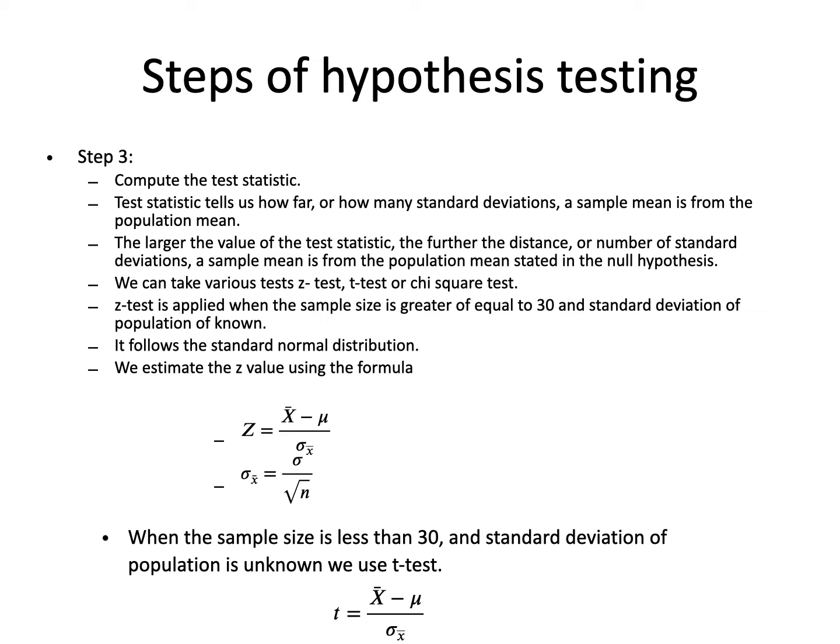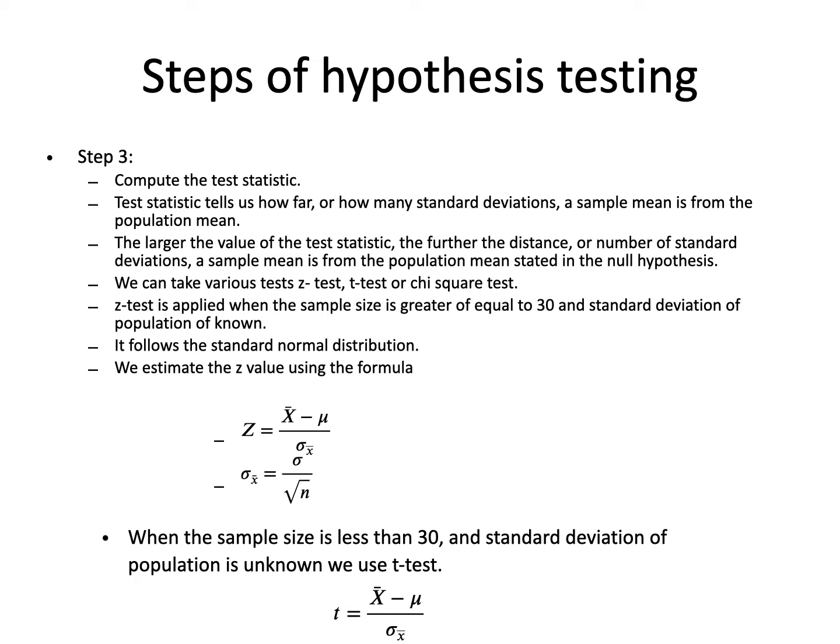We estimate the z value using this formula: the z score is given by x bar, the sample mean, minus mu, the population mean, divided by the standard deviation of the sample mean, and this is estimated as the population standard deviation divided by root n.